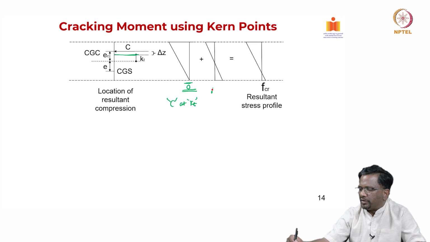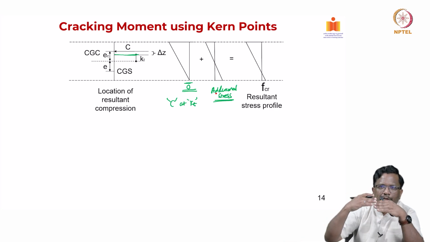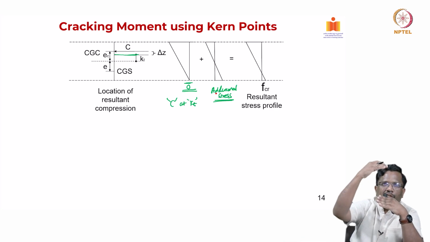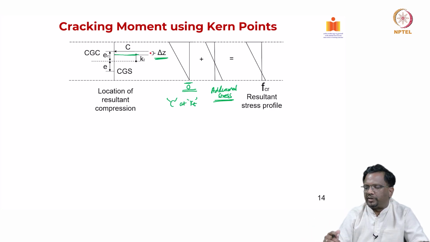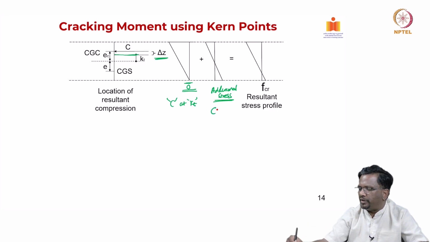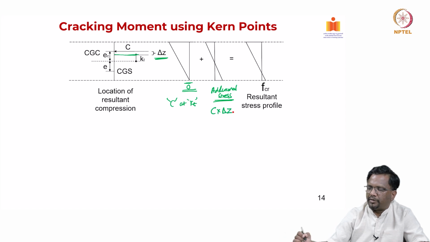Now, what is this? This is an additional stress that is being created. What is the additional stress? When C moves away from kT by some distance, which is delta Z, what is the moment causing this additional stress? That will be C into delta Z, right.